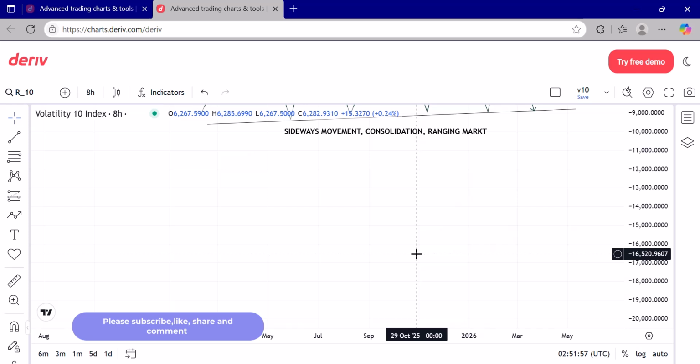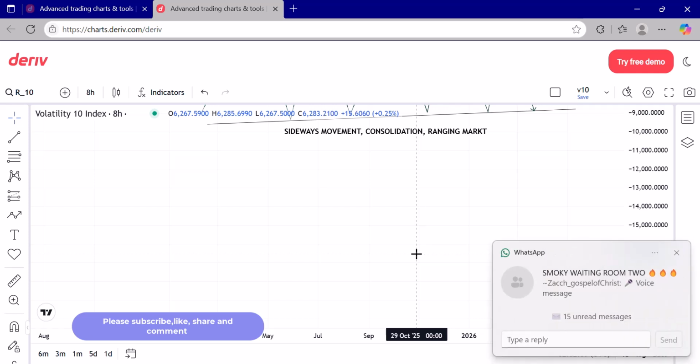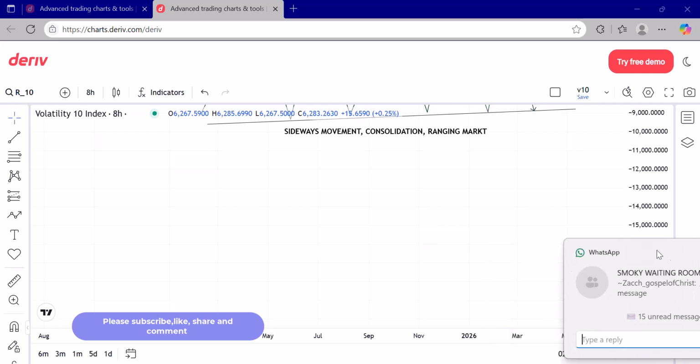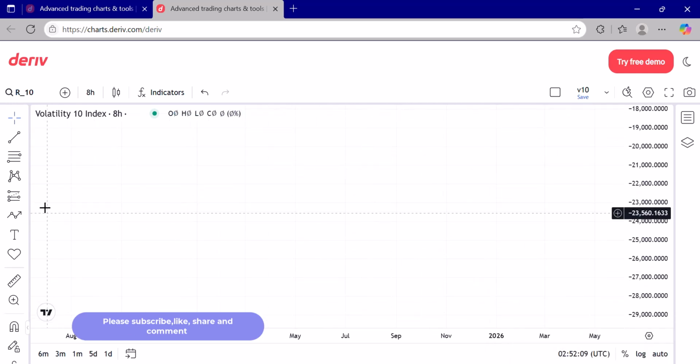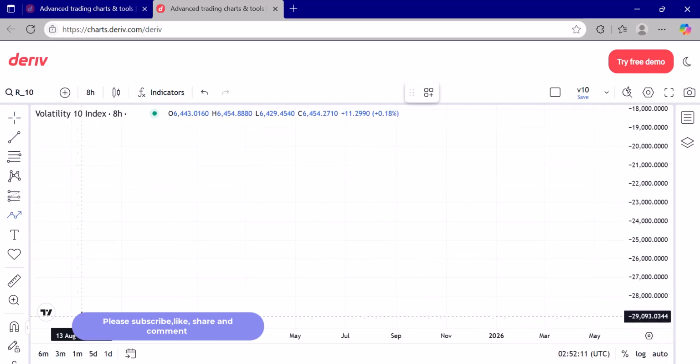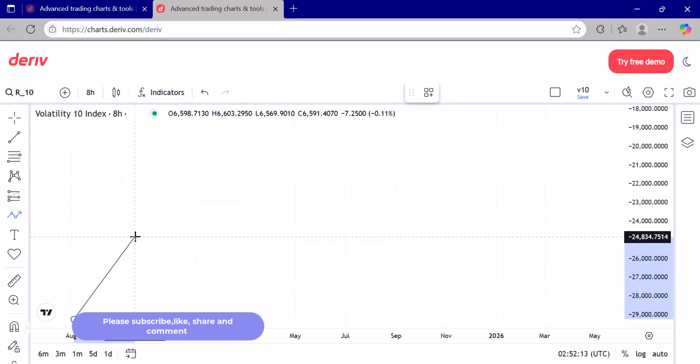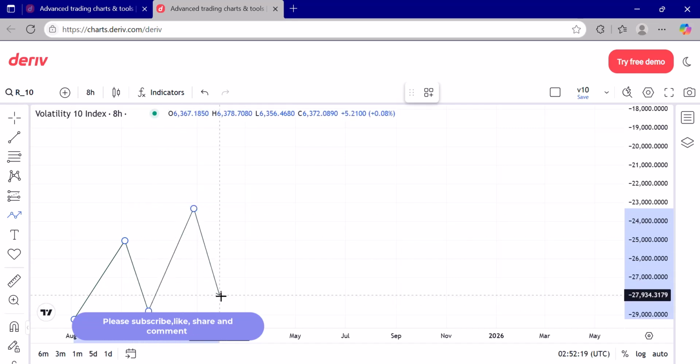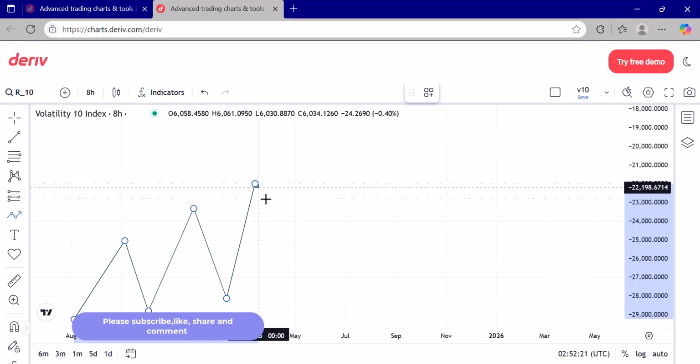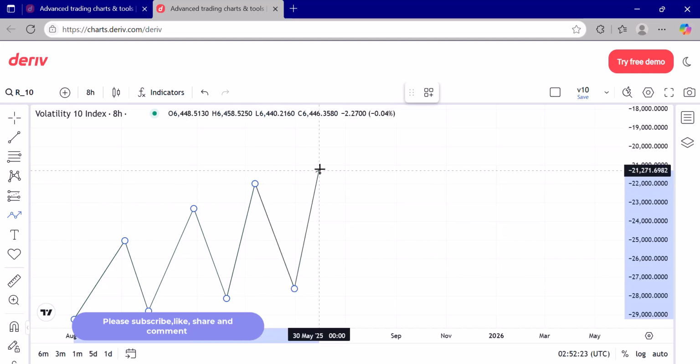We are going to look at market structure in its entirety, combining the uptrend, the downtrend, and consolidation. So now we have a structure like this. The market was going up, making higher highs and higher lows.